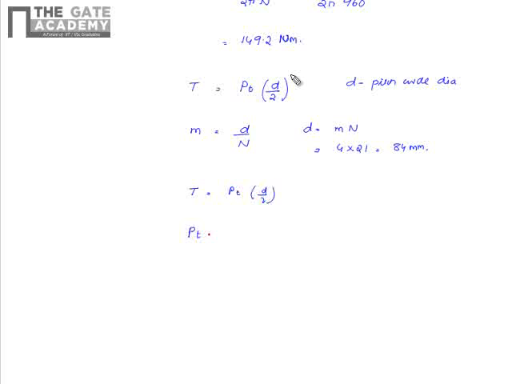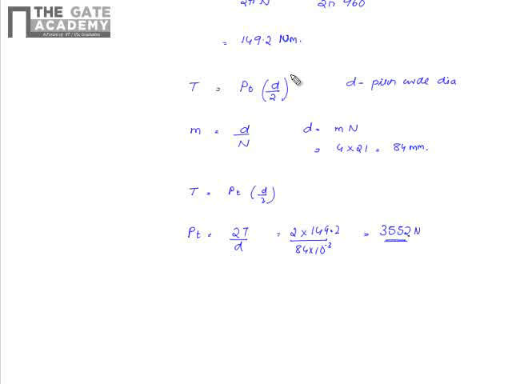So we get torque is equal to PT into D by 2, or PT is equal to 2 torque divided by D, that's equal to 2 into 149.2 Newton meter divided by D, which is 84 mm, so 84 into 10 power minus 3. So this will be 2 into 149.2 divided by 84 into 10 to the minus 3. This will be 3552 newtons.